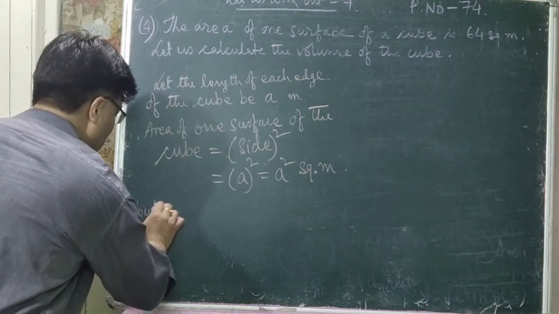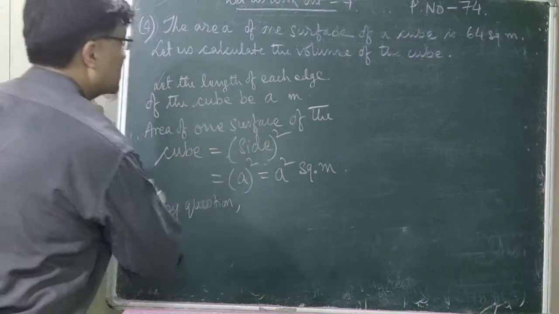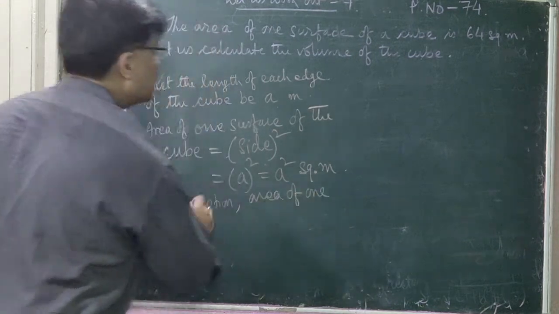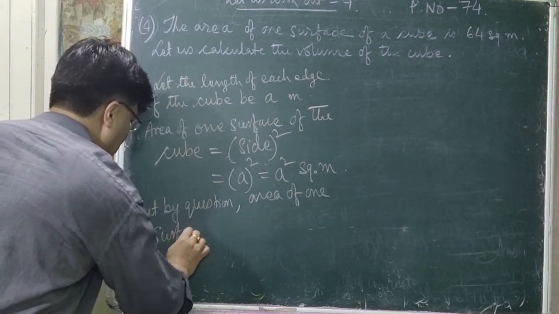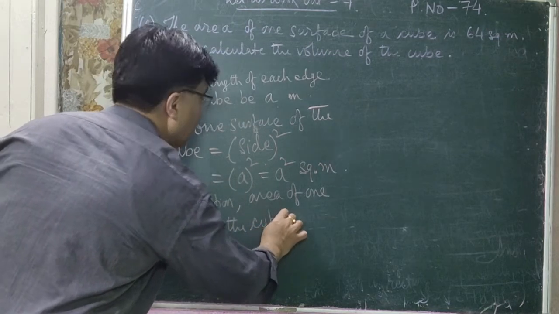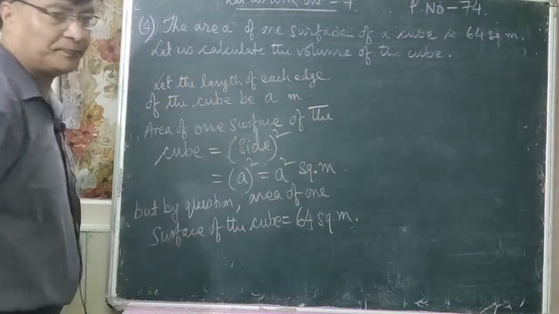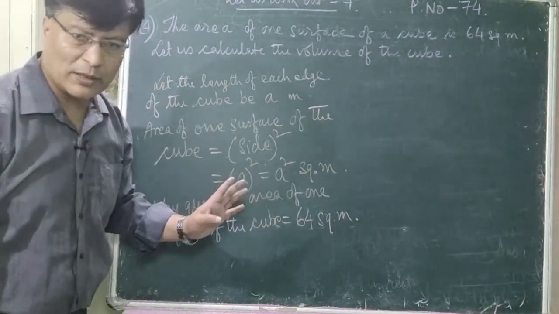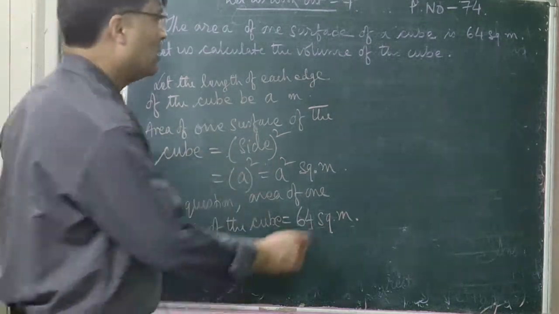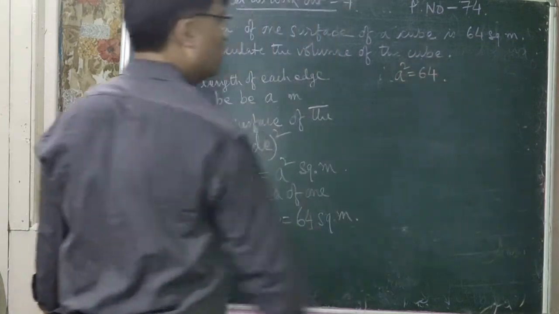But by question, area of one surface of the cube is equal to 64 square meter. भनेपछि यो दुईटा के हुनु पर्यो इक्वल. यो हामी आफै निकालेको, यो क्वेशनले दिएको, भनेपछि यो दुईटा के हुनु पर्यो इक्वल. सो देयरफोर a square is equal to 64.